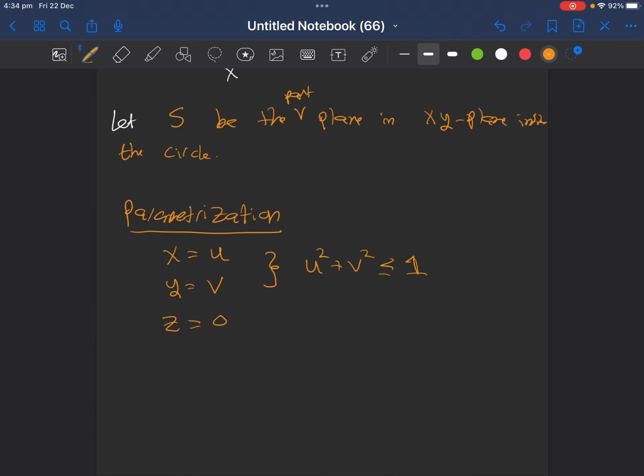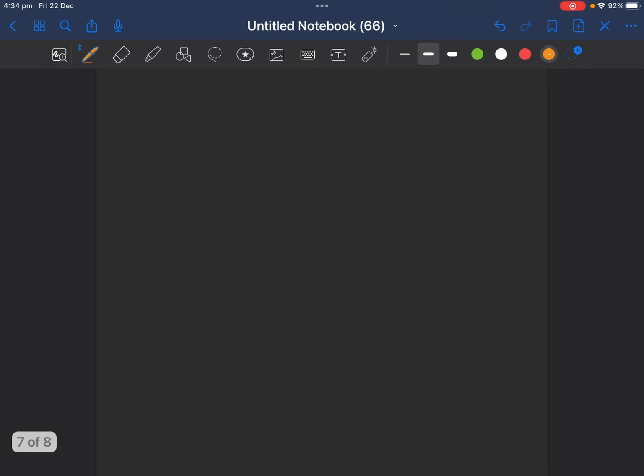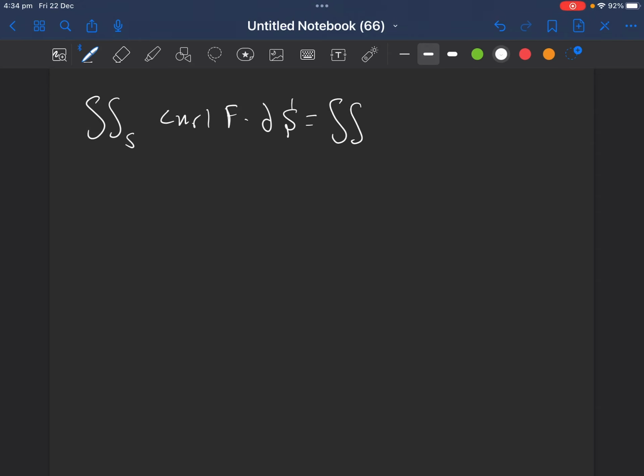Now, in order to find the integral for this one, which is the double integral over S of curl F dot dS, of course, here we will have to have a double integral over the region of the curl of F dot r_u cross r_v dA, where r_u is the derivative with respect to u of the parameterization and r_v is the derivative with respect to v.